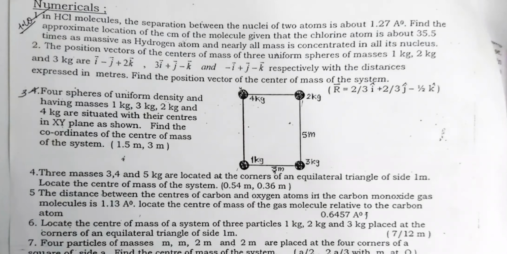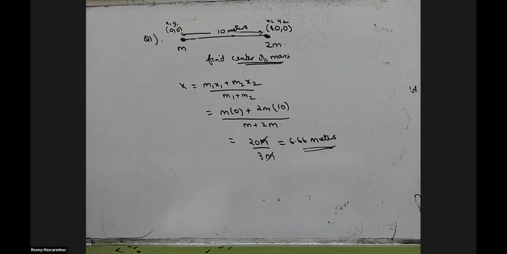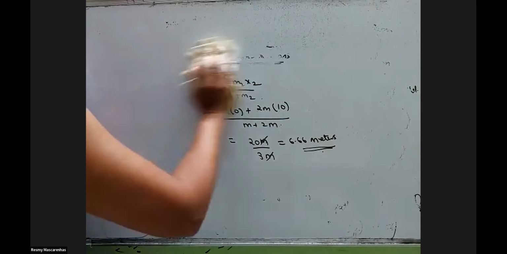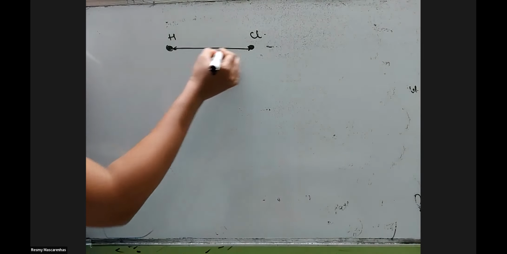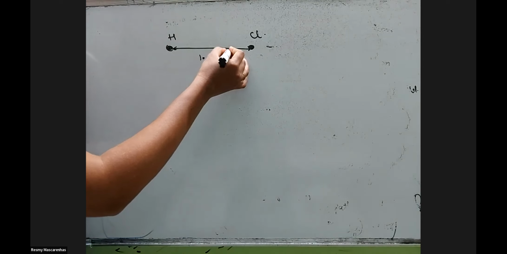It's at the center of the nucleus. What they're trying to say is that there are two molecules or two atoms. One is hydrogen, the other one is chlorine. The separation of the two is about 1.27 A naught.